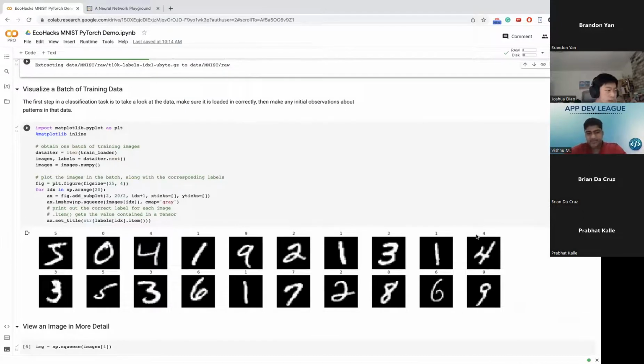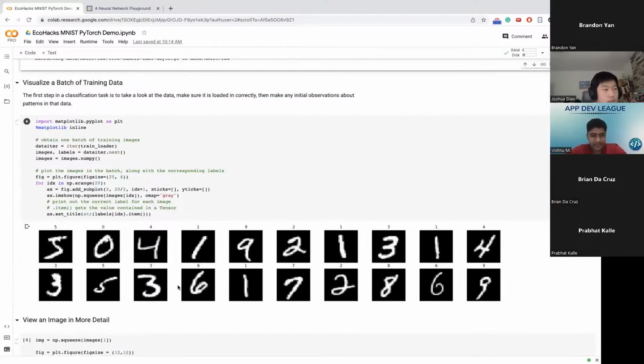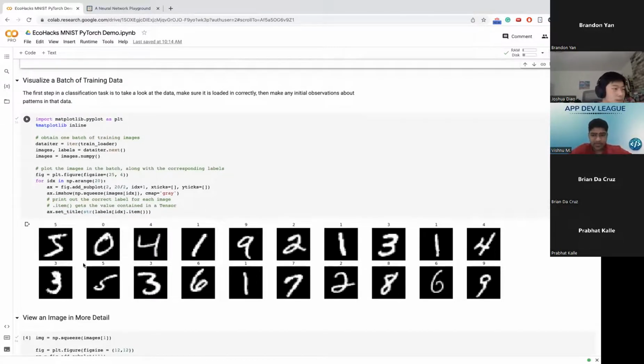This part's not as relevant to the machine learning, but you can see that the MNIST dataset has these images of handwritten numbers and labels that show what the number actually is. So if we create a neural network model to train on MNIST, we'll be creating a supervised model because each of the images has a label on it. You can see this is one batch of 20 images from the training data set.